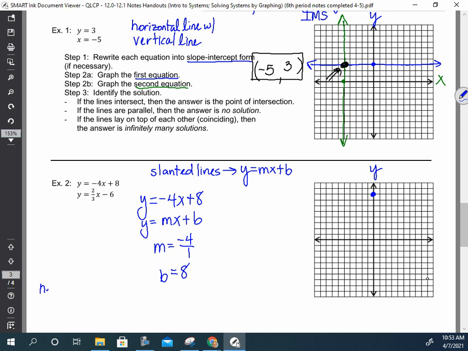Remember, if you have a negative slope, you go down and to the right. So 1, 2, 3, 4, to the right 1, put another point. 1, 2, 3, 4, to the right 1, put another point. You only need 2 points to draw a line. I just kept going because I want my line to be straight.